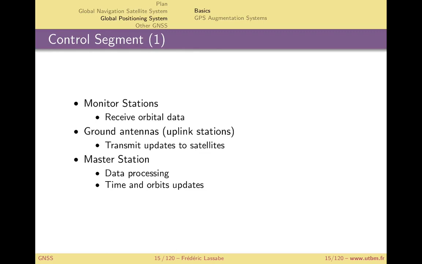Then the master station will process all the data from the monitoring stations. It will update the times and orbits of the satellites according to their real status, and using the ground antennas, which act as uplink stations, so they send signals to the satellites from the ground, they will transmit the updates to the satellites.